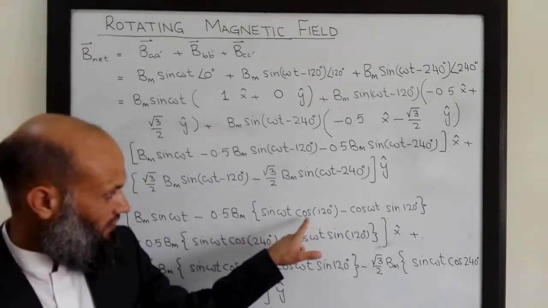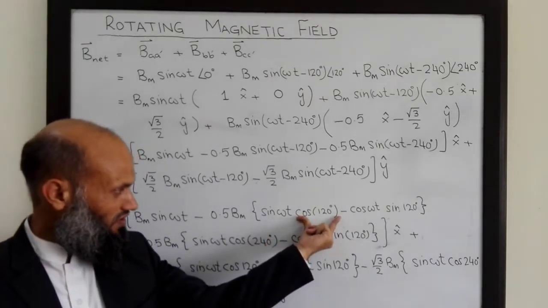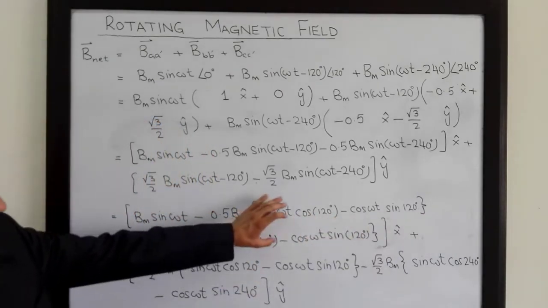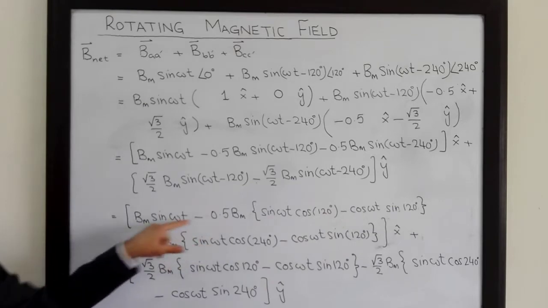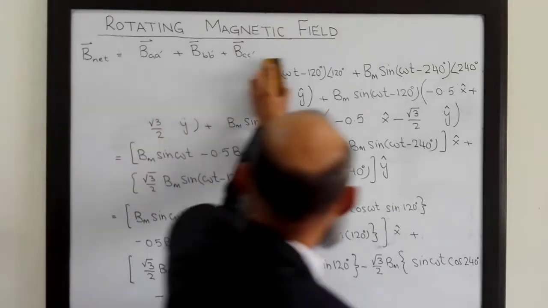Just use your calculator to determine the numerical values of cosine 120 degrees, sine 120 degrees, and substitute them into these expressions. And with that we shall get this thing.